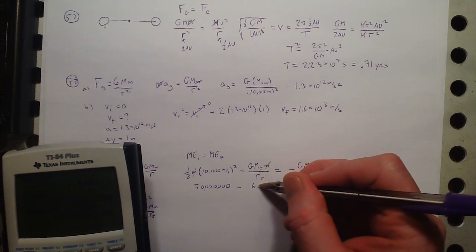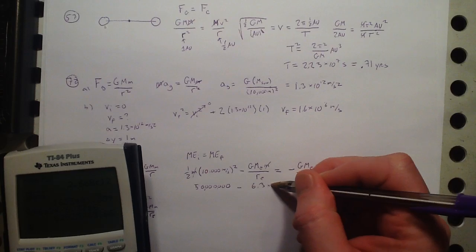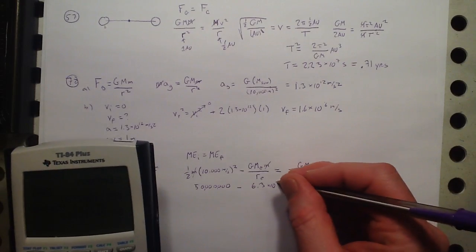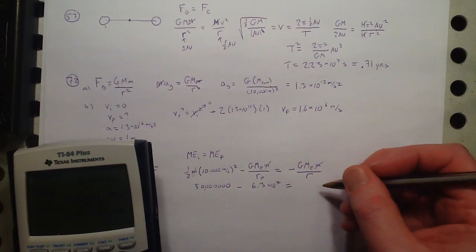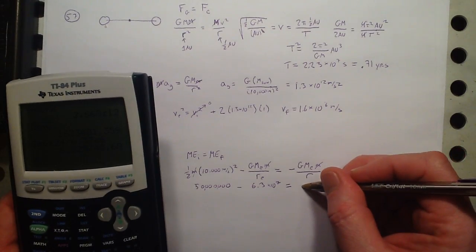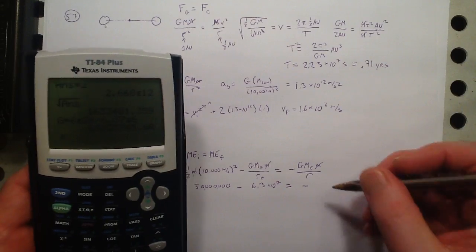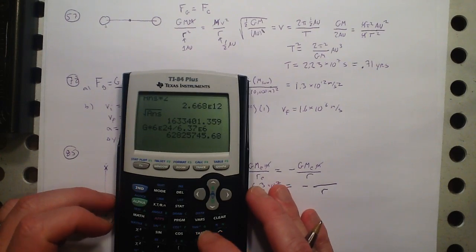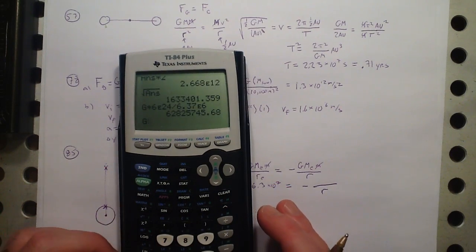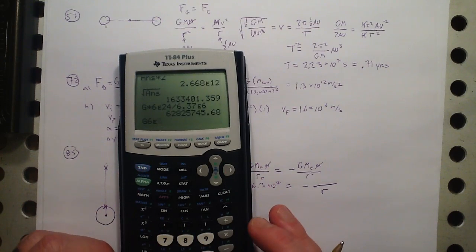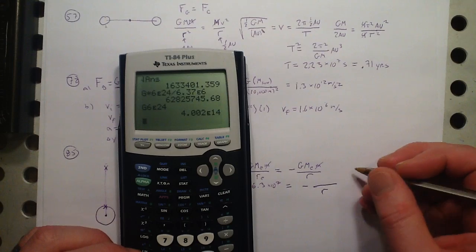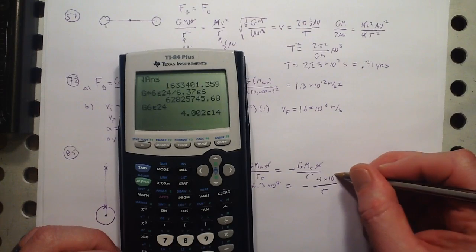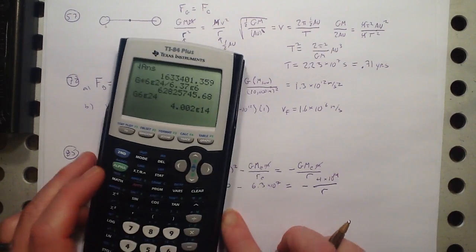So it's at about 6.3 times 10 to the 7th. That's equal to negative G M over that r. G, and then the mass of the Earth again. That's about 4 times 10 to the 14th.